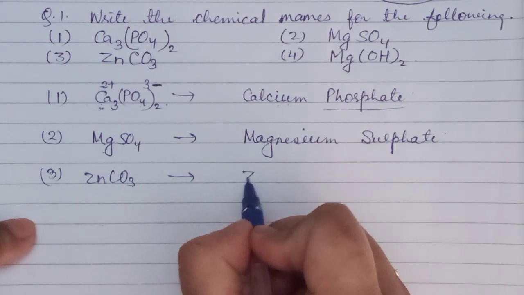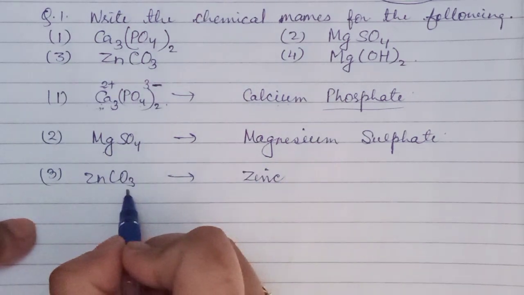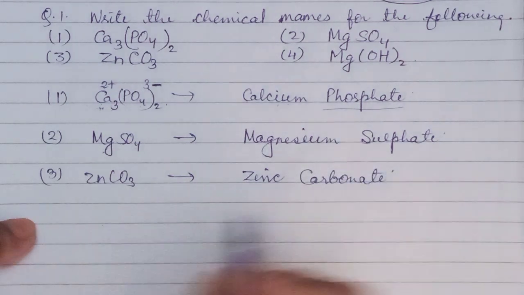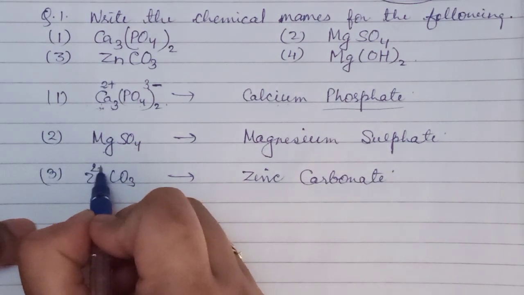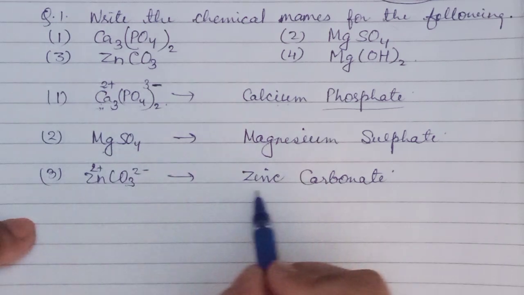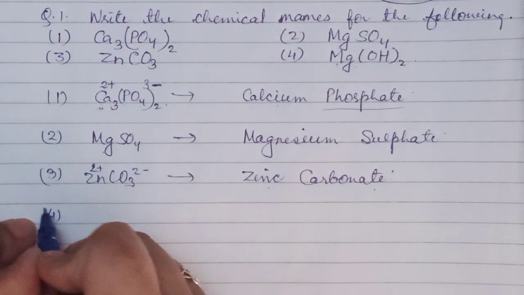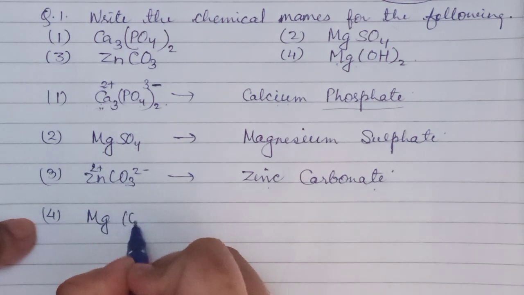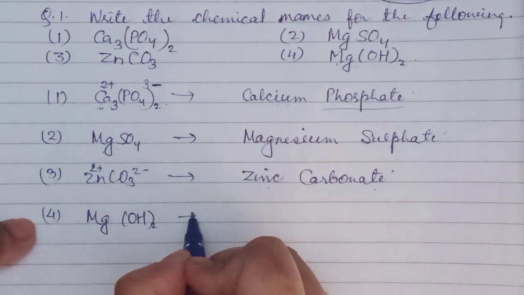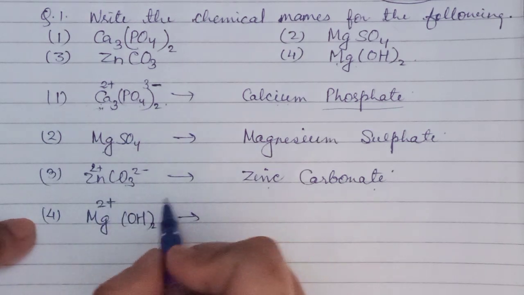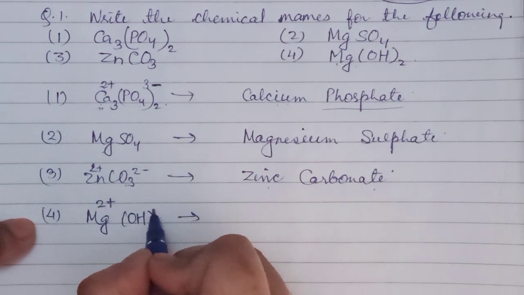Zn is zinc, CO3 is carbonate. So this one is Zn 2 plus, carbonate is 2 minus. So zinc carbonate. Last, fourth is Mg(OH)2. So magnesium is Mg 2 plus and OH minus.